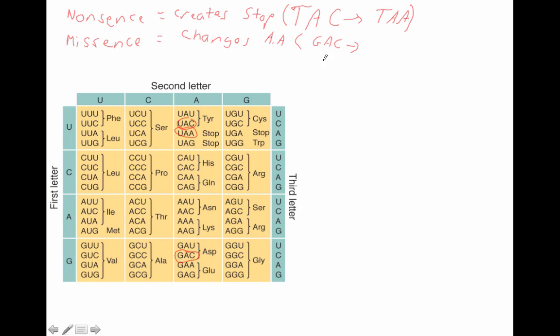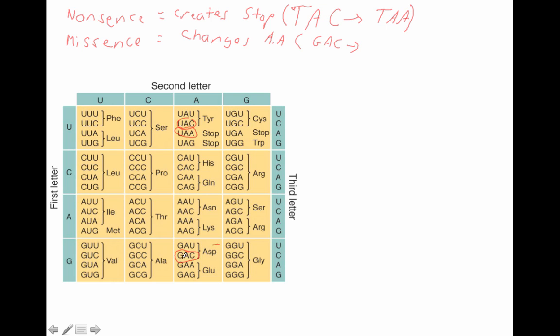So this is what's in the DNA, and when it's transcribed and then translated, it will make aspartic acid. Now you don't need to know this for the exam, but to illustrate the example here, I'm going to tell you that aspartic acid has a negative charge to it. Now let's say we change it to a GCC.